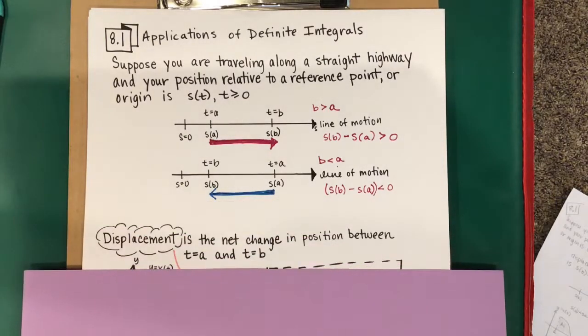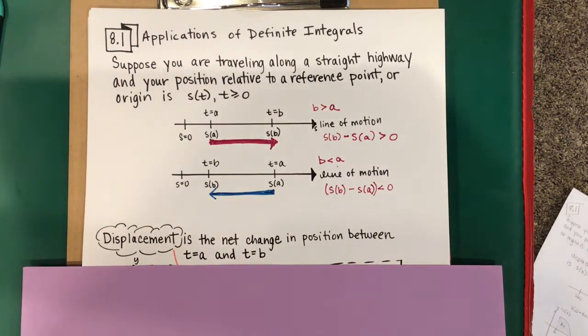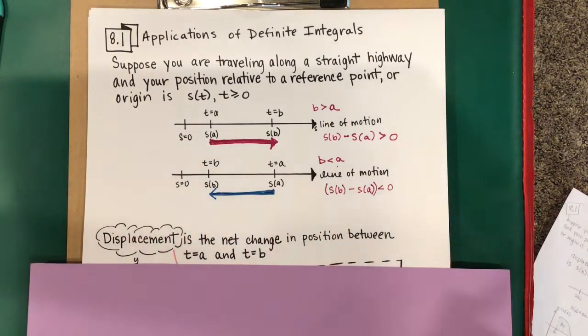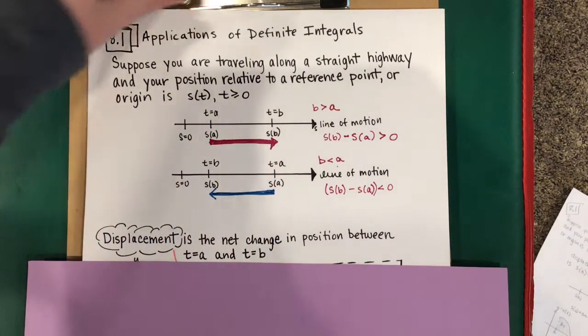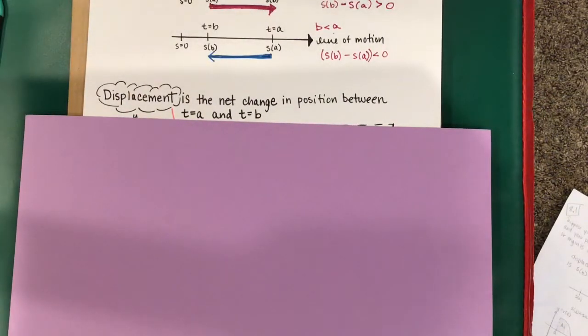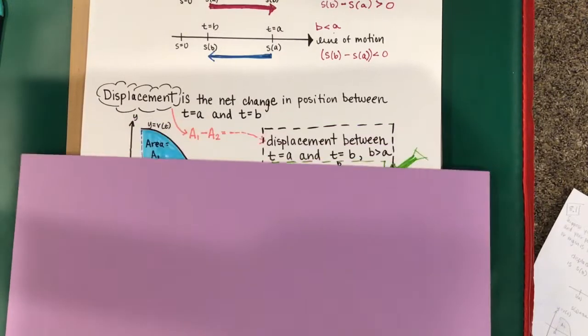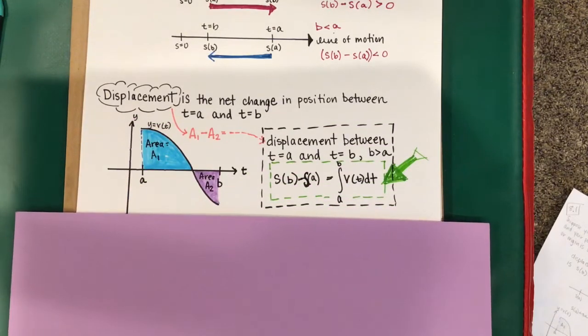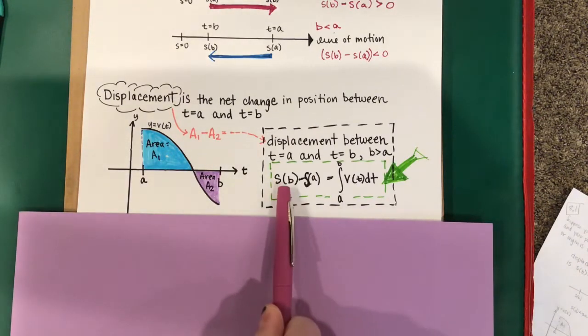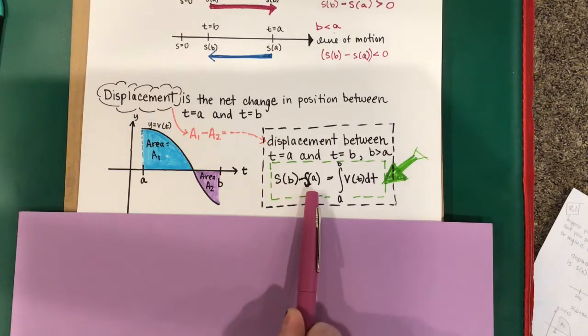Now, we can say that displacement is the net change in position between t equals a and t equals b. And that's what that looks like when we're traveling along a straight highway. But it's not often that we're going to be just looking at situations like this. So one of the things that I want you guys to see is that when you are looking for displacement, it is your s of b minus your s of a.